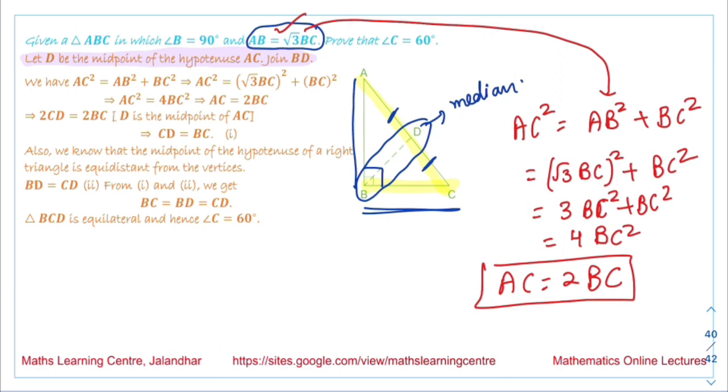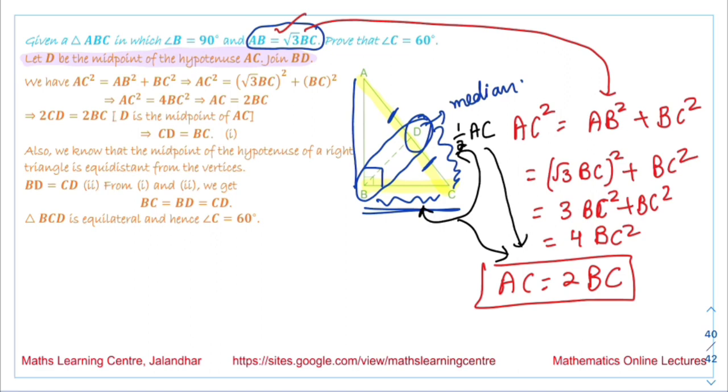Now we are saying D is the midpoint. It means this length DC will be equal to the length BC. These two lengths are equal to each other, because AC length is 2 times BC, and this length is half of AC. So using this result we get that DC is equal to BC.